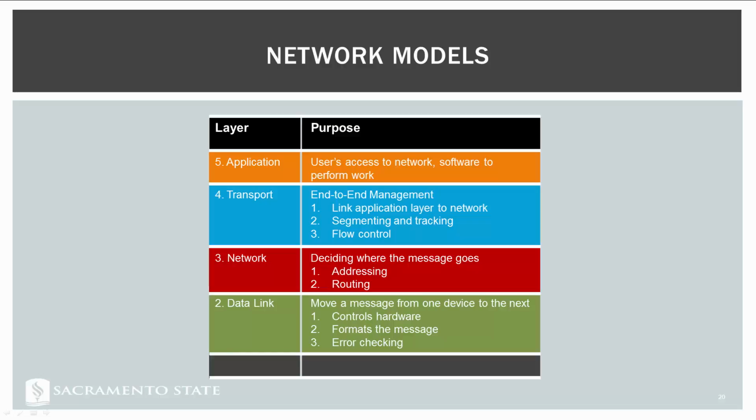So it is involved in making sure that it gets to the next place. Now, it also controls the hardware and formats the message a little bit and does some minimal error checking, but its main job is just to get the message to the next device. And then the physical layer is the one that makes things into ones and zeros, or waves, as we'll see in just a minute.